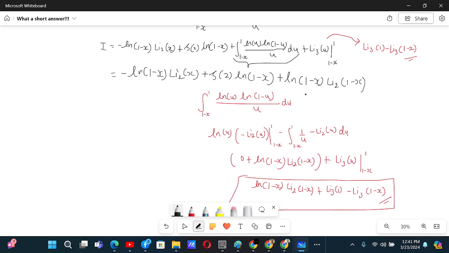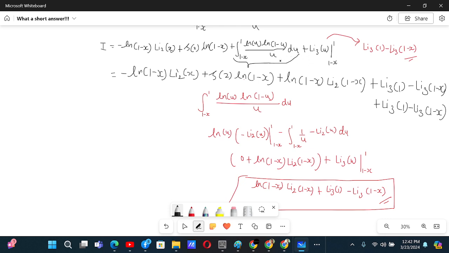Do I notice something? Yeah, I do. And then there's plus Li3 of 1 minus Li3 of 1 minus x, and again the same thing is there, plus Li3 of 1 minus Li3 of 1 minus x.